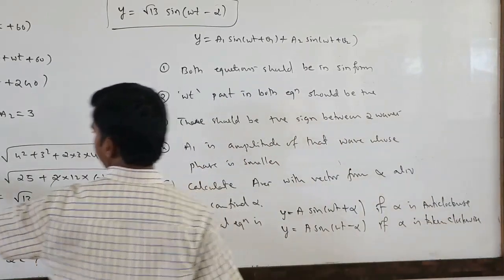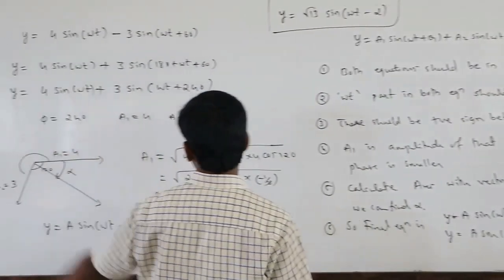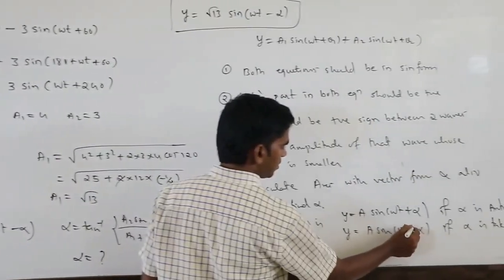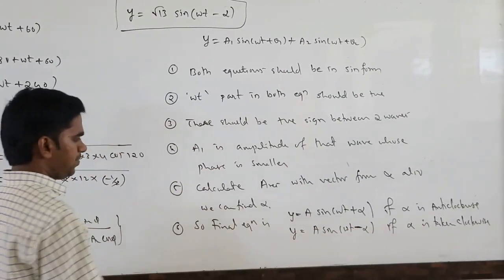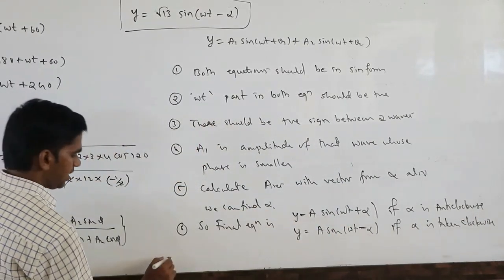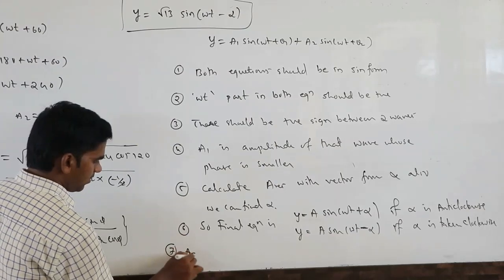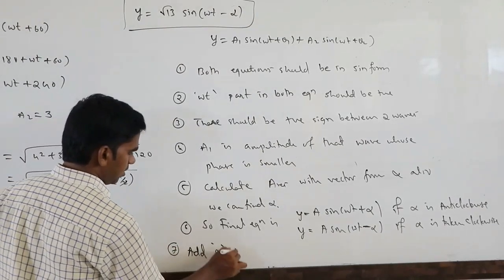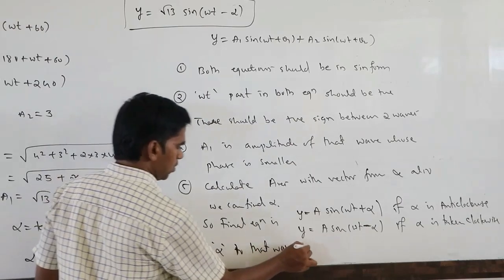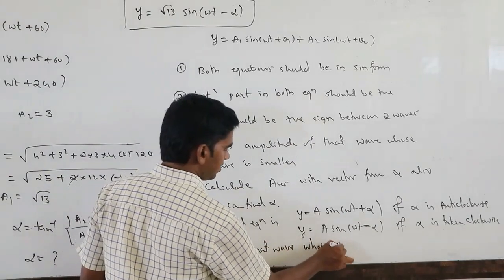Here we have taken the clockwise direction; if you take the anti-clockwise direction, you have to take plus. This is minus. Then to which wave is this alpha going to be added? Add alpha to that wave whose phase is smaller.